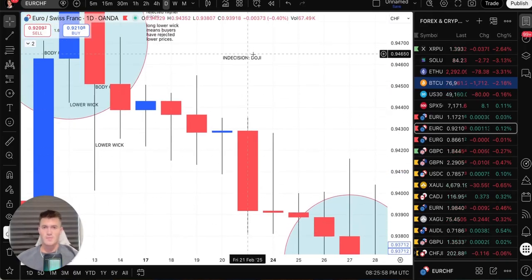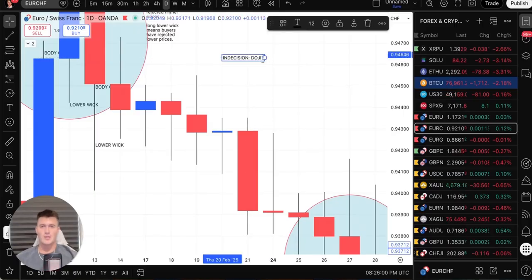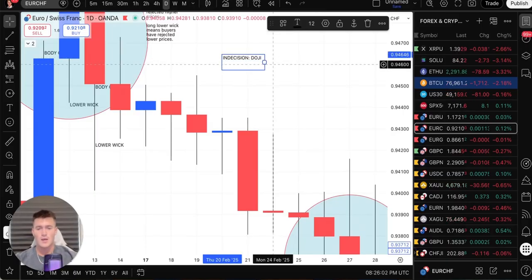So you got a bunch of little dojis right here. And all this means is that there's indecision in the markets, which means buyers and sellers can't decide which way to go.